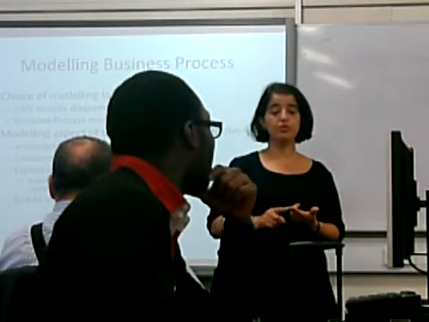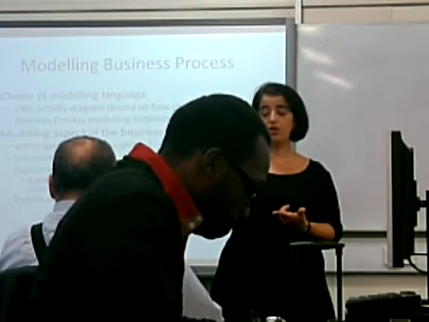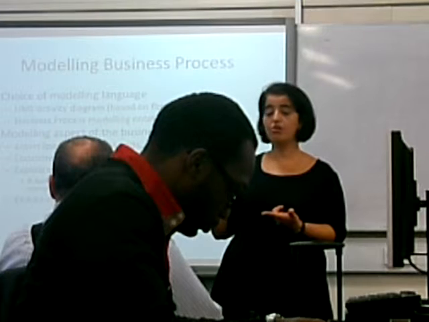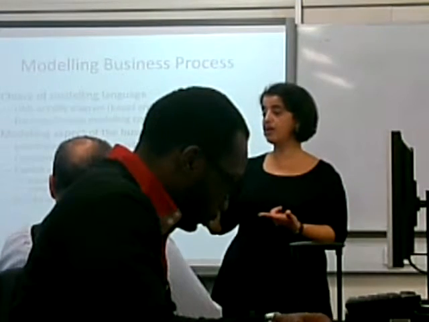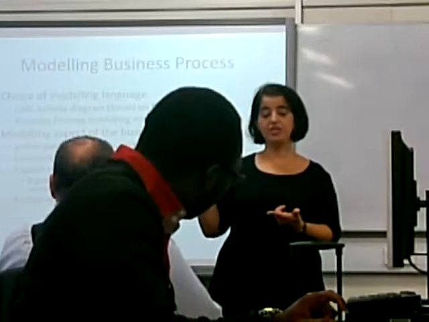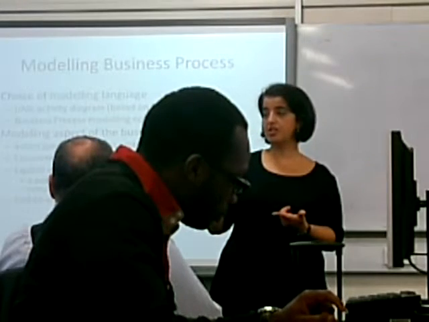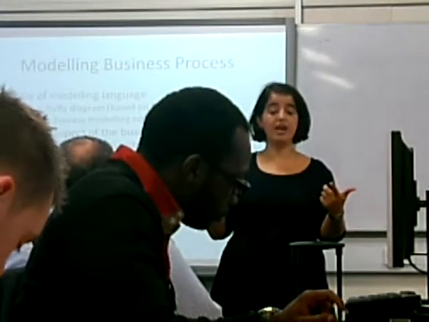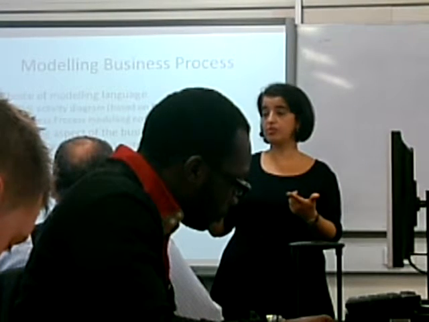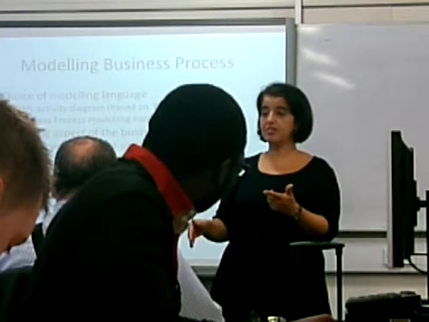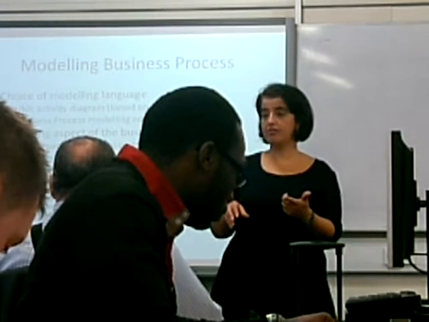So it's very important when we are looking at the control flow to identify all the activity that can run in parallel. Because once we have done that, in the implementation we then have the choice to either do it in parallel or as a sequence. Whereas if everything is a sequence, you will have to have it in sequence.